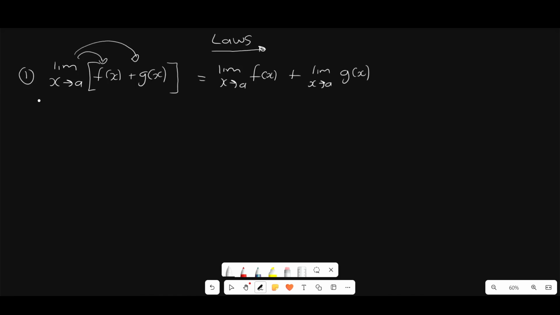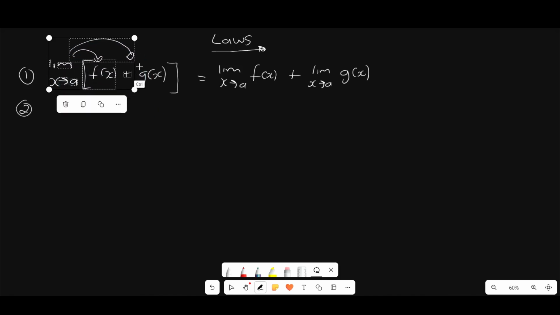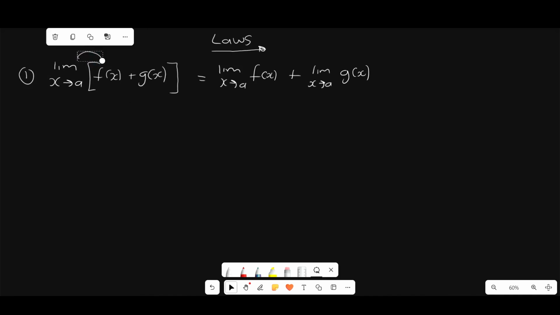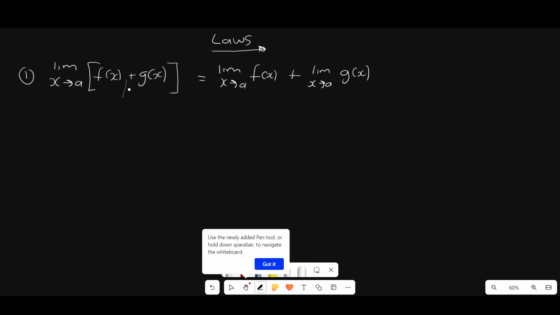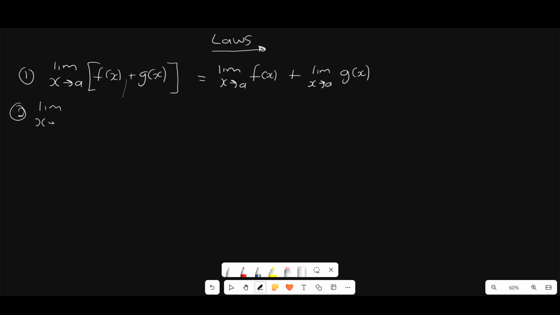Similarly, with subtraction, you will have the limit as x approaches a of f(x) minus g(x).